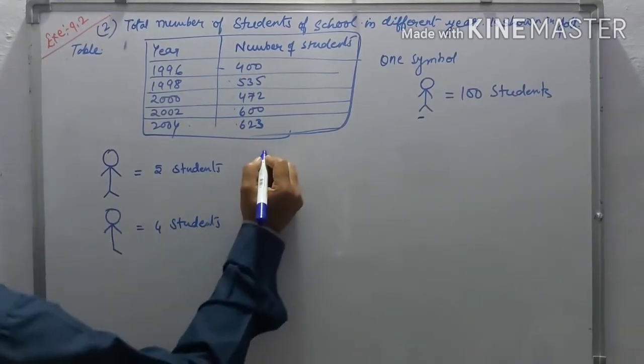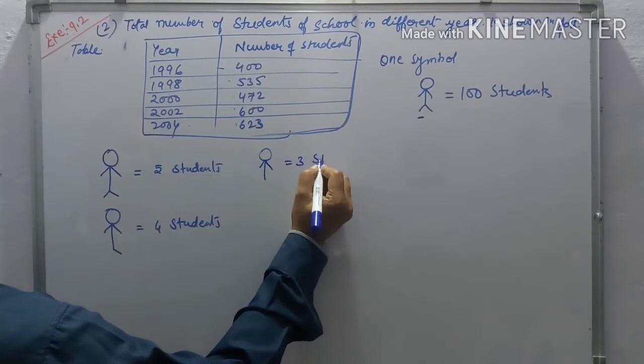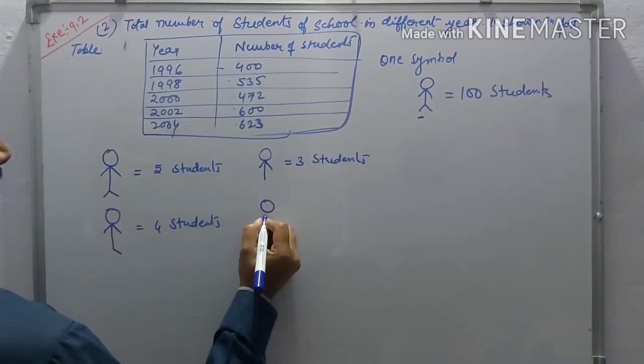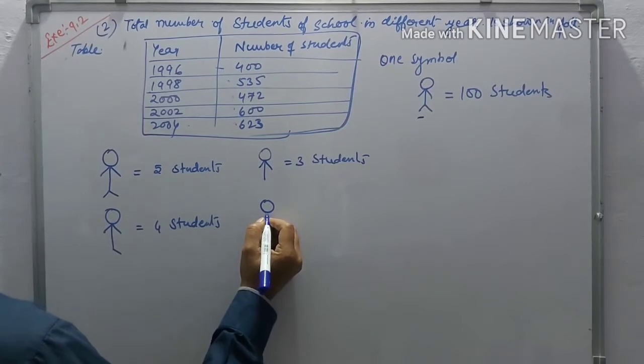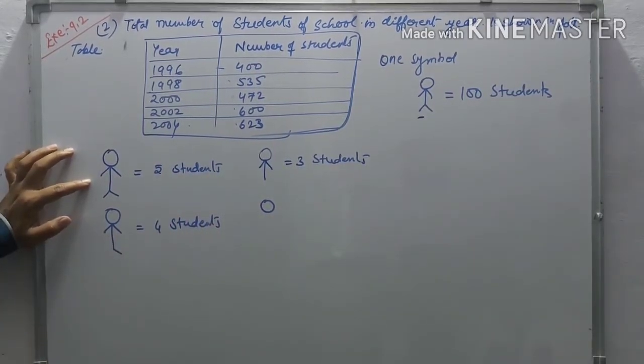Okay, now it is 3 students, and this is the 5, the full diagram is 5 students.